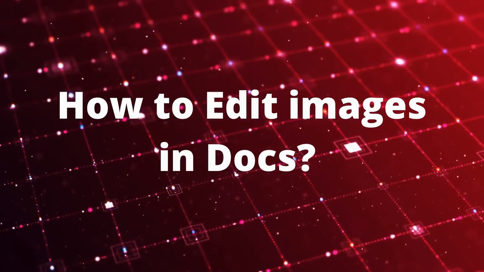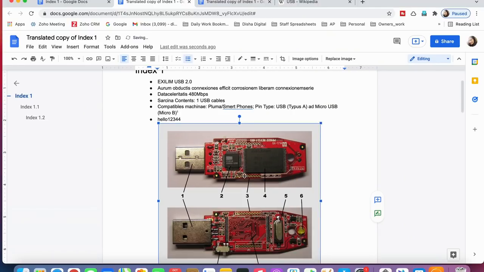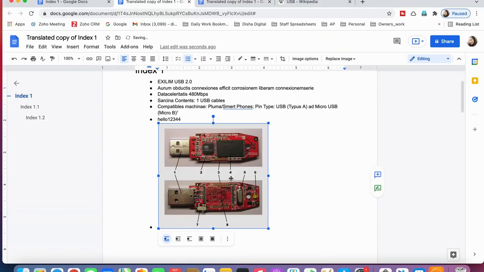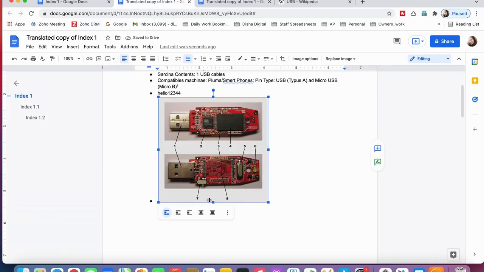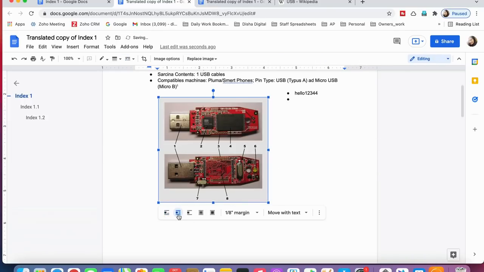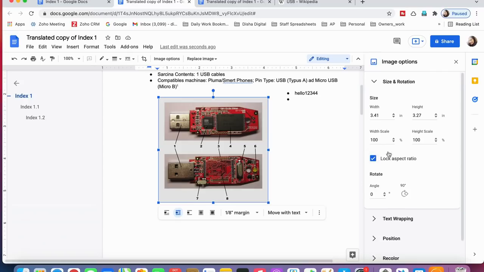To edit this image, definitely it has all the options, like if you want to change the size and place it here, margins, how much margin, move with text, all the options are available. Size and rotation, suppose you want to rotate the image, here are all the options, width, height, you can change.